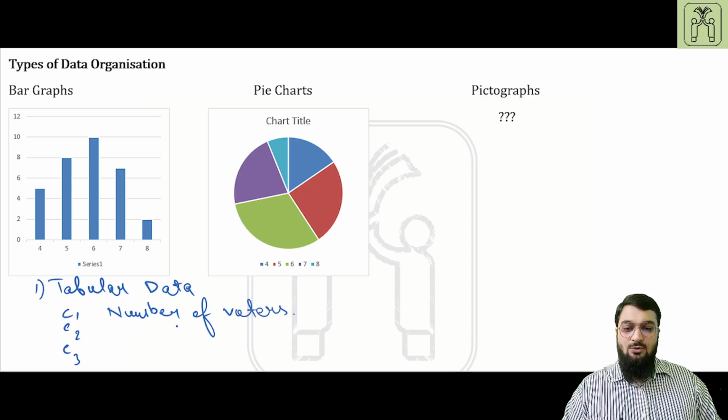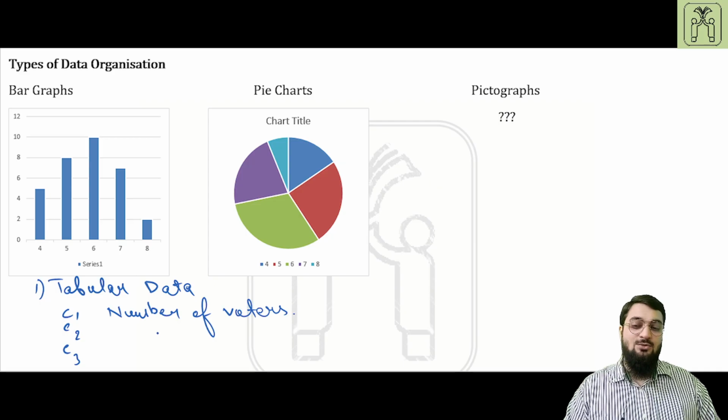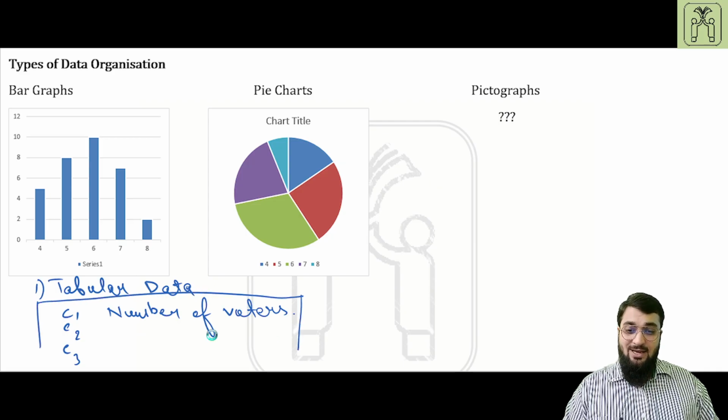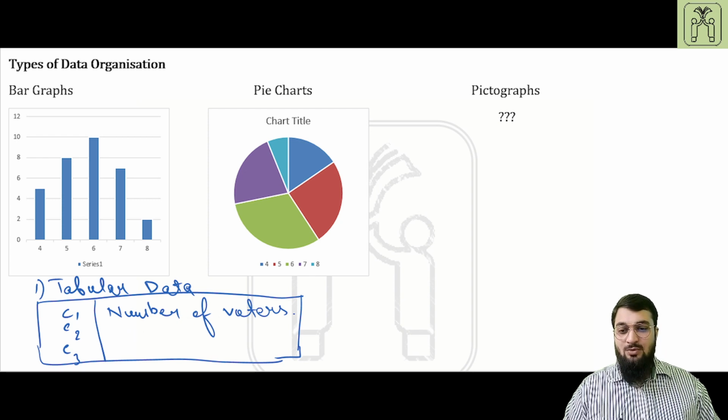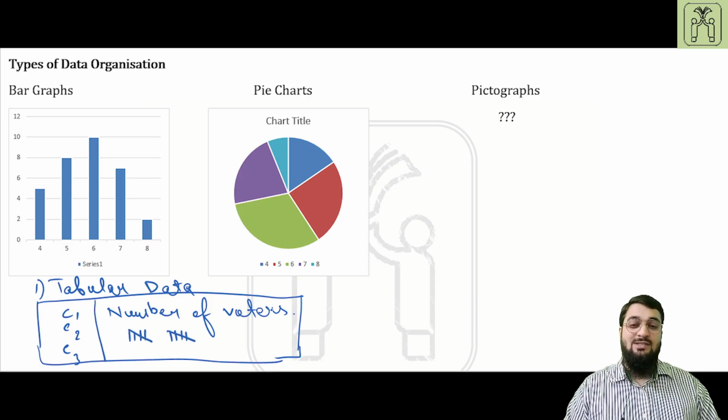So the number of voters for C1, C2, C3 and so on will be represented in the form of data, with n rows as per the n choices present for data collection, and only two columns where you write the number of voters you have encountered. How do we write that? We write it in this form, and it is the simplest form of organizing data.